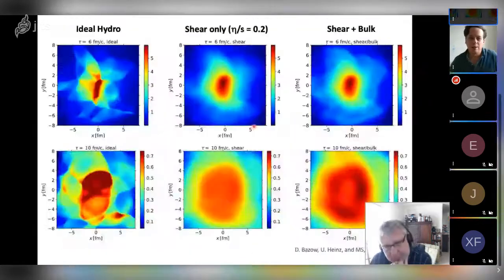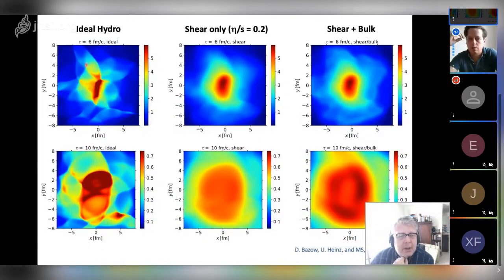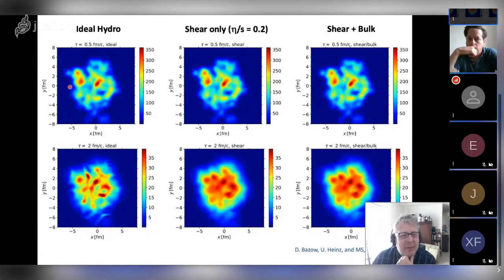Yes. Excuse me, the X and Y axis on these plots? So this is the transverse plane. So what we're looking at here is the rapidity equals 0 slice. This is just the overlap in the transverse plane of the two nuclei, and this is for a head-on collision with fluctuating initial conditions.